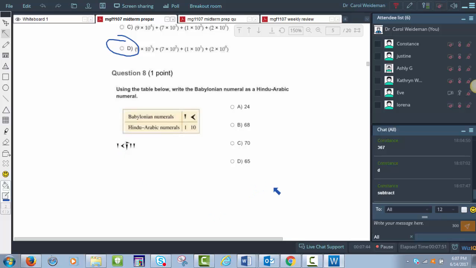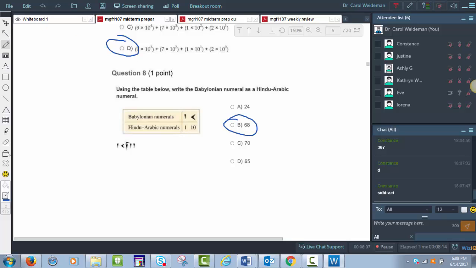And remember the positions, they're 1, 60, 60 squared, 60 cubed. So we've got 2 groupings here. We've got 60, and then I've got 10 minus 2, which is 8. So 60 plus 8 is 68.